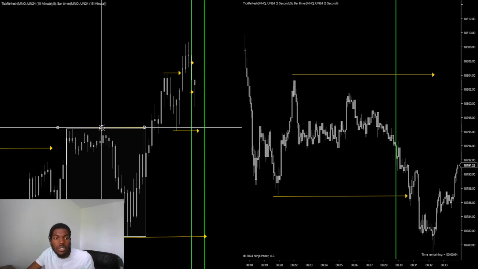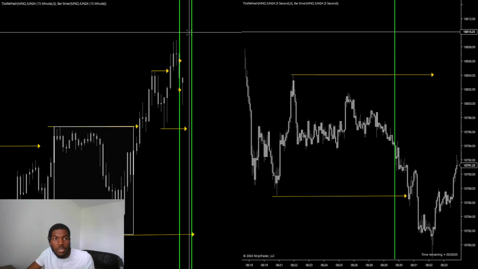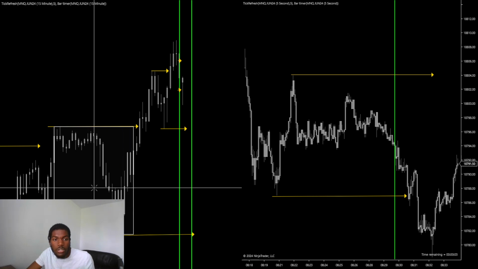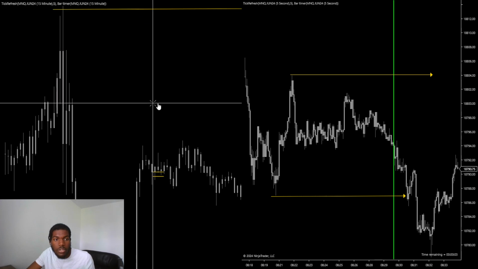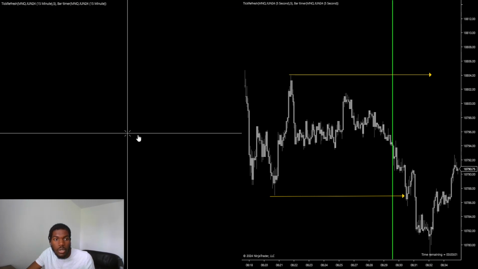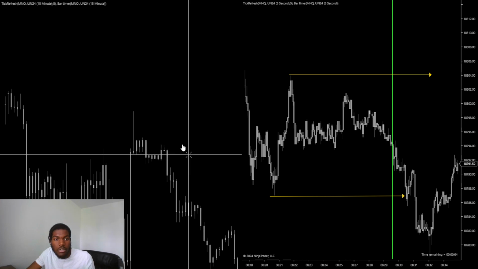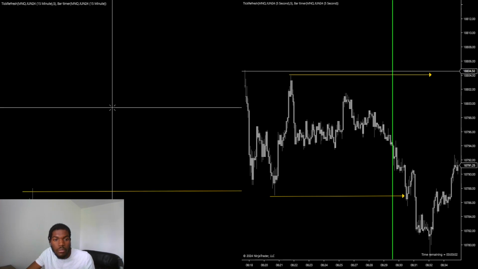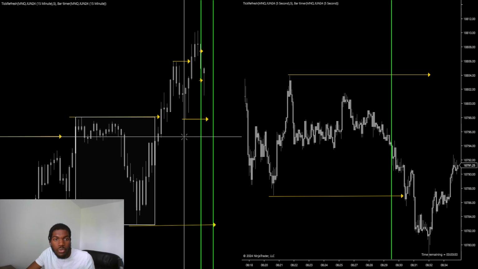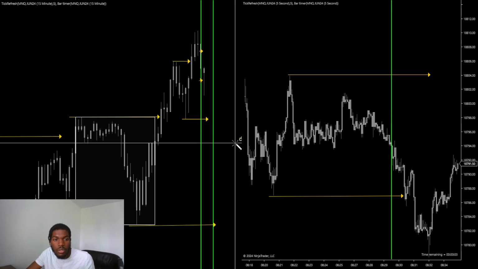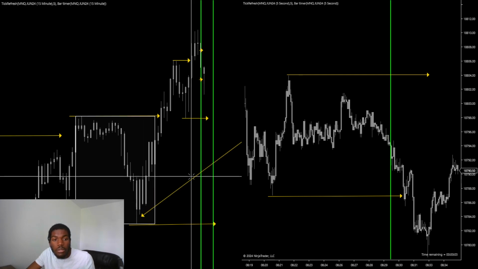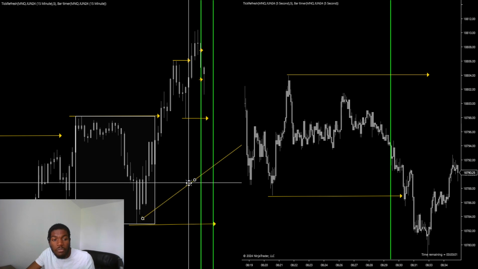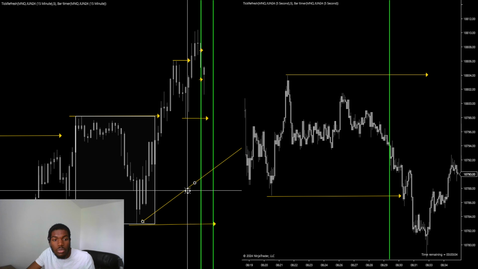Why am I paying attention to the last previous range? Because the last previous range is all that you need to make a decision on. So all of this to the left, you're not using. I don't care what's up here. All you need to know is where price came from, which is this structural low.